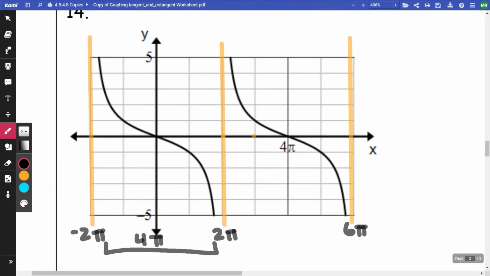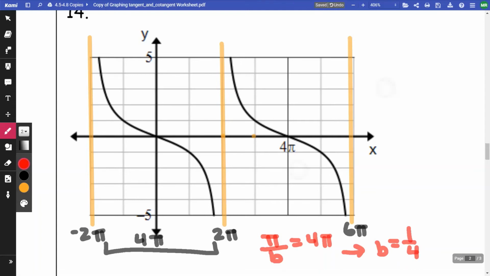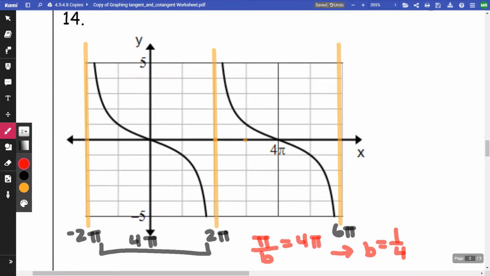Now, normally it should be a pi. So when I take pi divided by b is equal to 4 pi, and I work that out, I'm going to get that my b is 1/4 when I do that math. Okay. Now, looking at this, since I am going to be looking at this being a positive, I can do this either as a tangent or a cotangent for all of these.